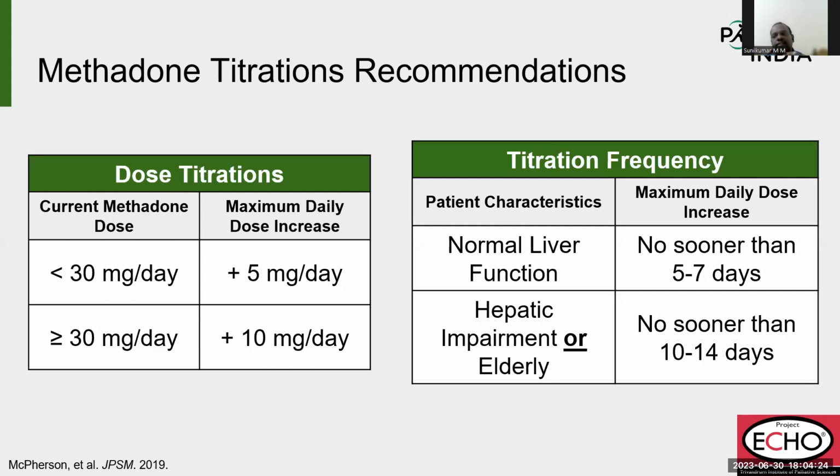But once you add, you have to wait another 5 to 7 days before the next increase. And if the patient is taking more than 30 milligrams, then you can add 10 milligrams. This is how you can titrate the dose of methadone.